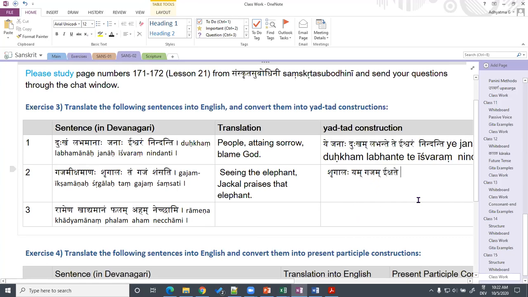Or tam shamshati. Yam gajam ikshate, tam gajam shamshati. We can have it like that. So either you can again say saha, or it is kind of understood. Shrugalaha yam gajam ikshate, tam gajam shamshati.